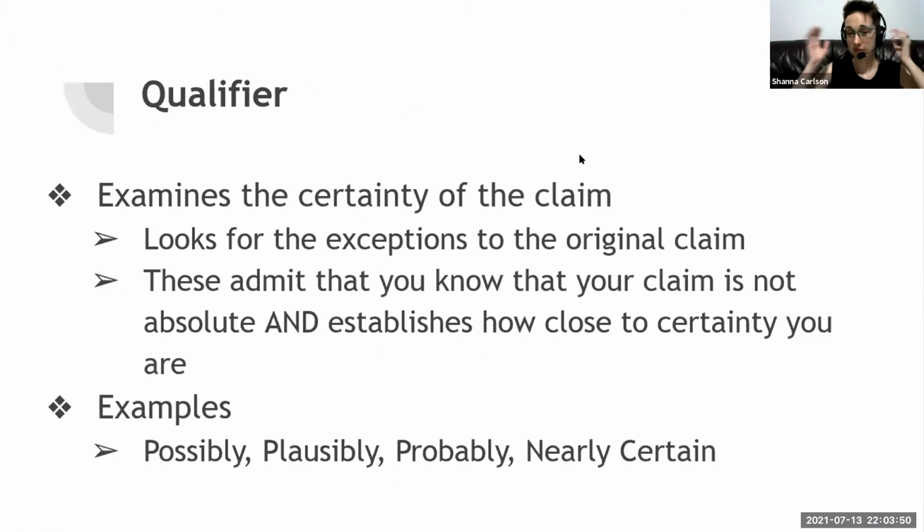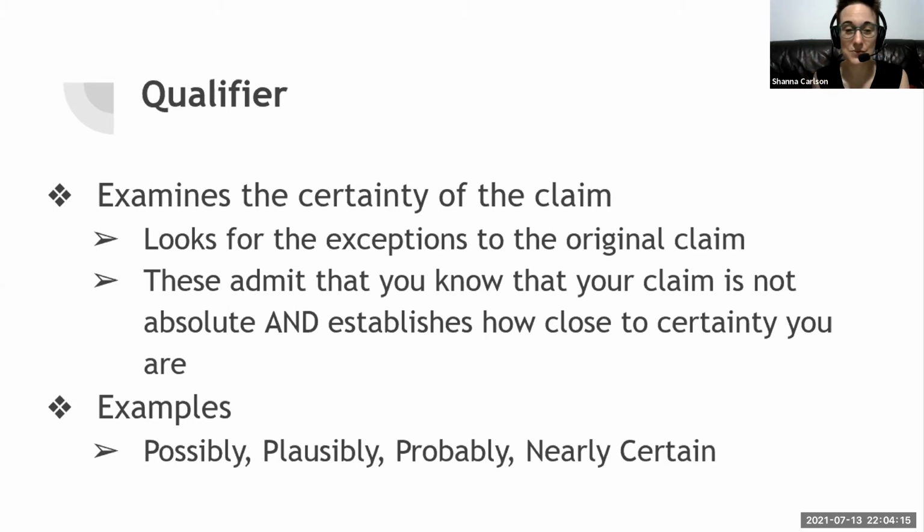So the qualifier. I'm going to warn you, if you try to go read Toulmin's writing about qualifiers, or almost anyone that has written about Toulmin and qualifiers, their language makes no sense. Don't read it. It took me way too long to decipher what it was, and I speak English.